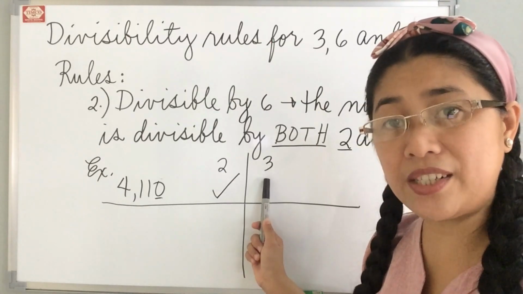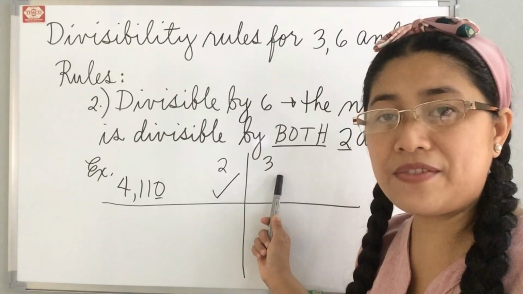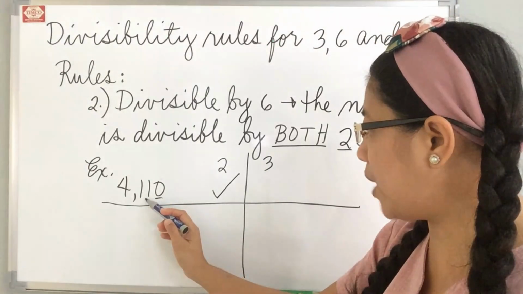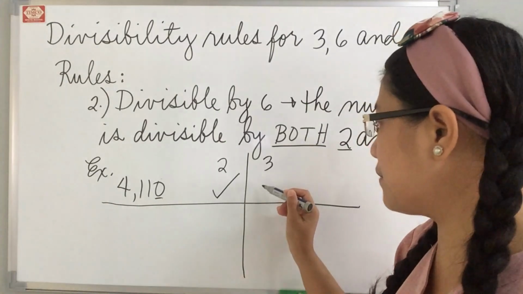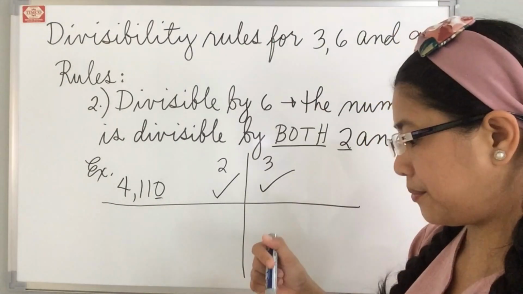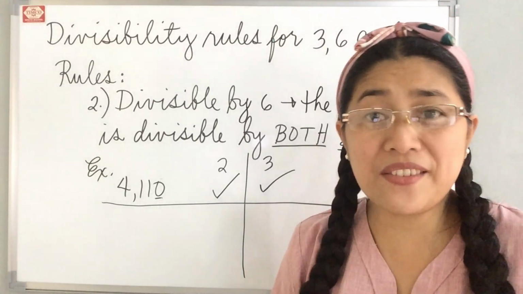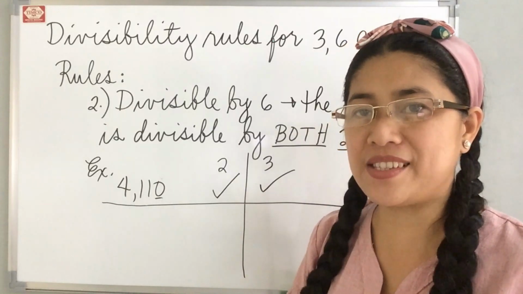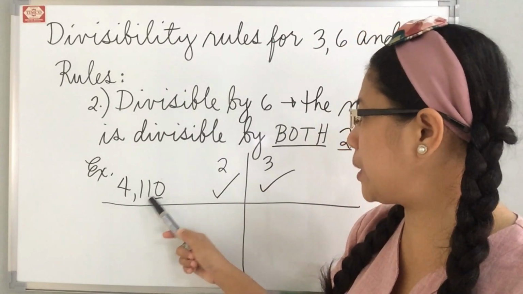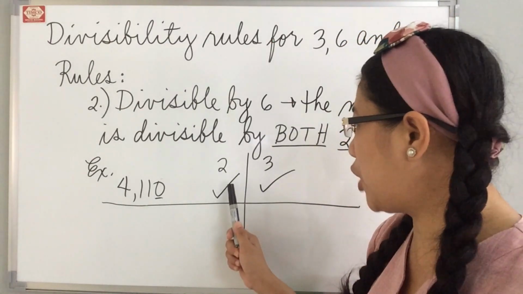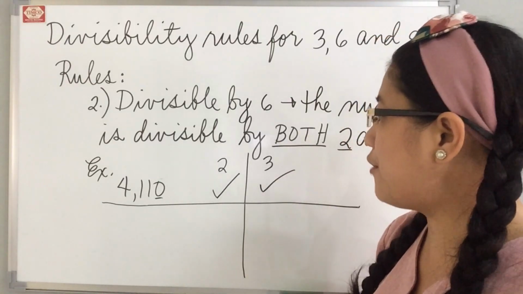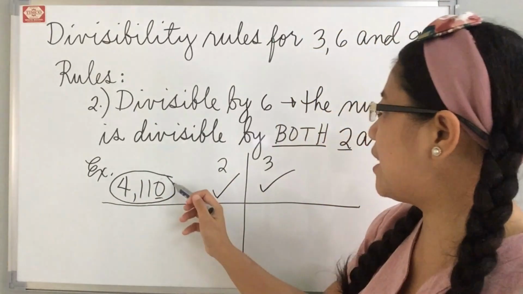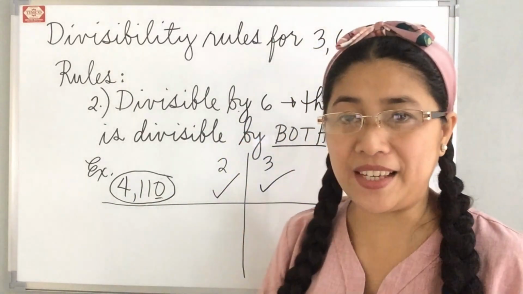Yes, because 6 divided by 3 will give us 2. So, therefore, 4,110 is also divisible by 3. Now, can we now decide if this number is divisible by 6? Yes. Since it is divisible by both numbers 2 and 3, therefore, this number, 4,110, is divisible by 6.